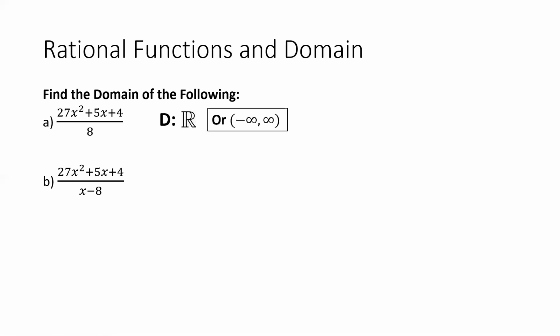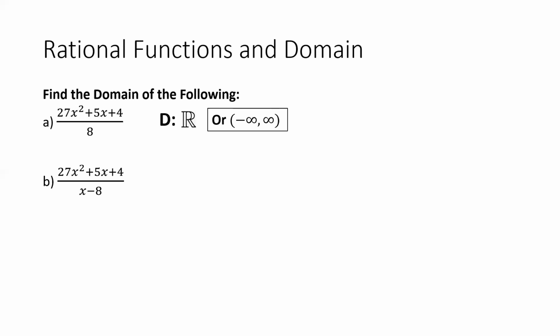But if we have an x in our denominator, we have to be a little bit careful because we're not allowed to, in mathematics, divide by zero. Dividing by zero is so complicated that even the smartest mathematicians tend to say, oh, it's undefined, I don't want to worry about it. And so we have to consider that.